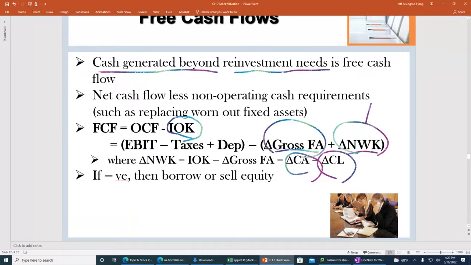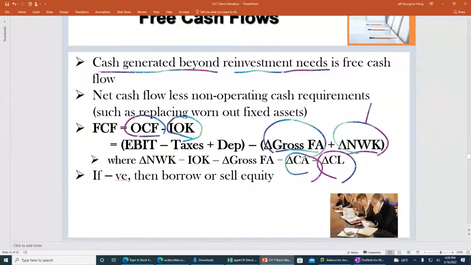That's net working capital. So in other words, where does the money come from to replace and replenish the depleted portion of your fixed assets? If you need more working capital, where does that money come from? It will have to come from your operating cash flow, right?